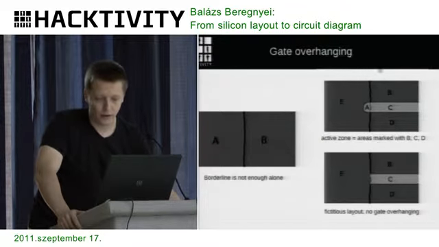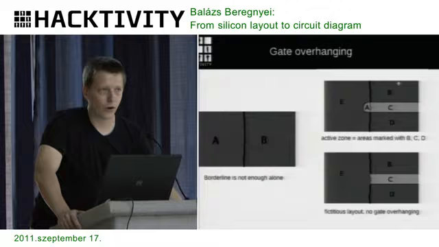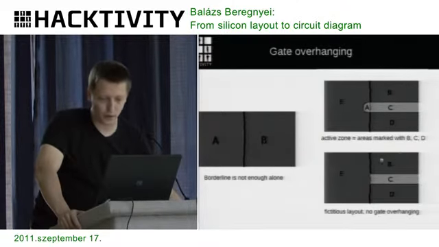So if this band is shifted to the right, then it will not reach the borderline, and then it will be a faulty transistor. So this defective layout on the right side, you can never see that on the microscope.